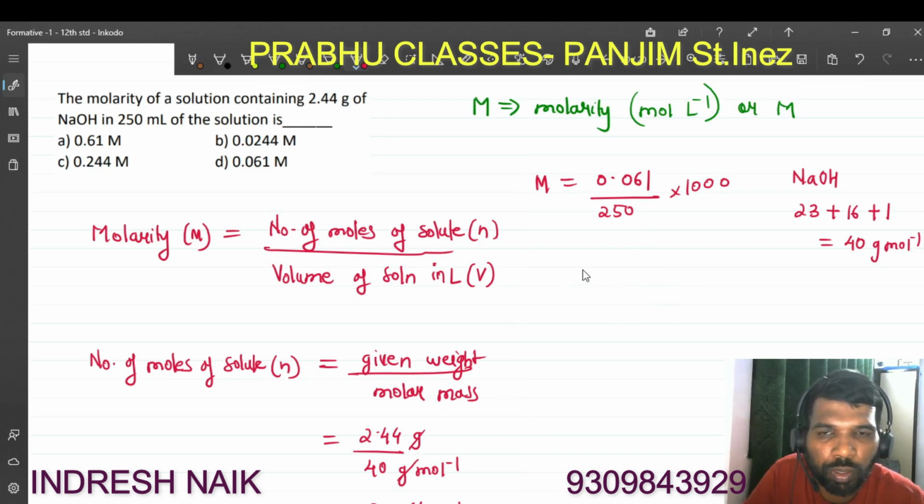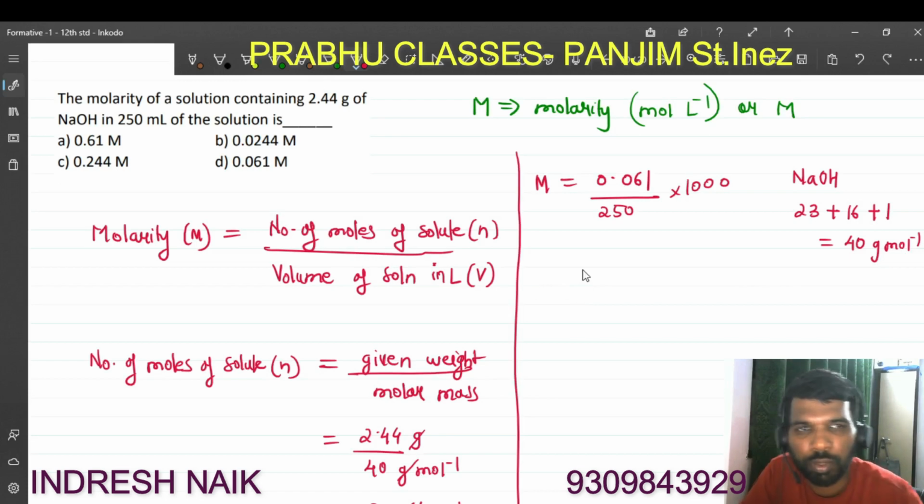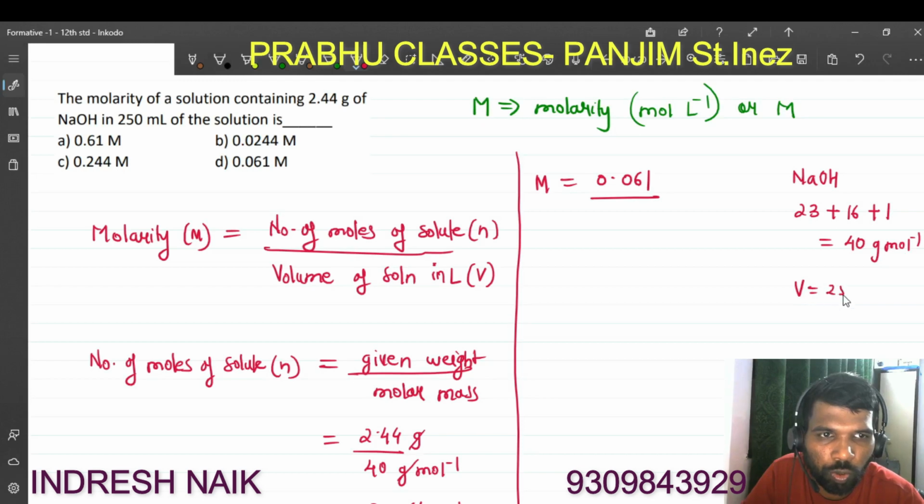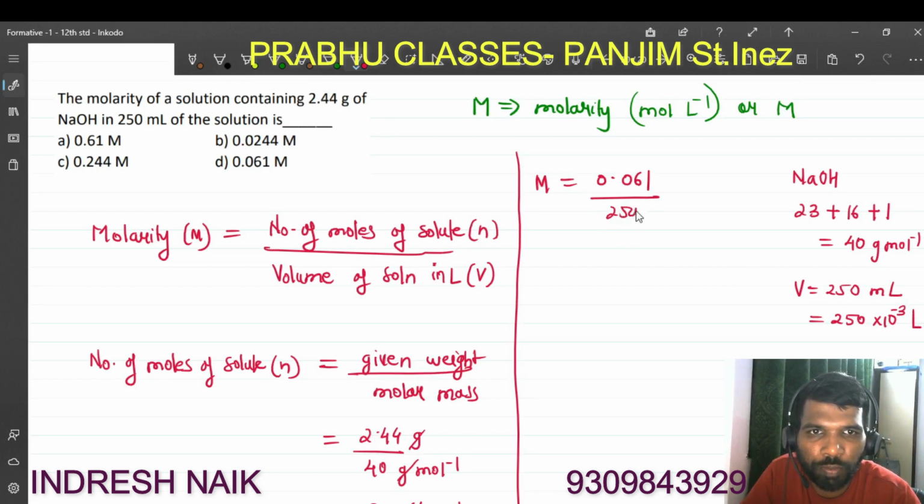So here, what was the volume? I'll start from the beginning. I'll directly convert this volume. So volume was 250 ml. So 250 ml means m stands for the prefix, multiply by 10 raised to minus 3. So I am doing this 250 into 10 raised to minus 3.